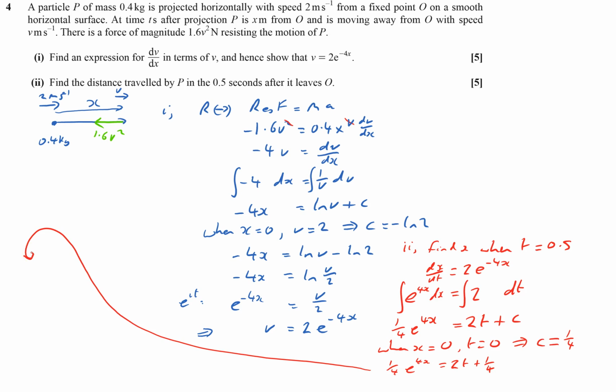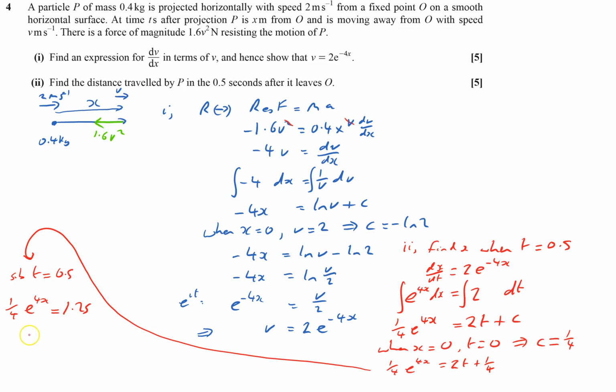Now we substitute t equals 0.5, and we get a quarter e to the 4x equals 2 times 0.5, which is 1, plus 0.25 is 1.25.